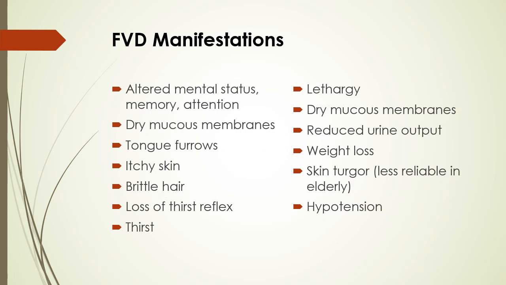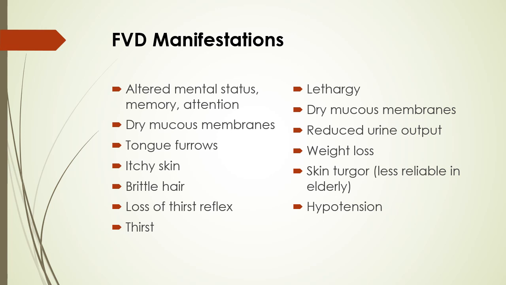These are the manifestations of a fluid volume deficit. Altered mental status, dry mucous membranes, tongue furrows, itchy skin, brittle hair, loss of thirst reflex, thirst itself, lethargy. Again, that goes back to that change in mental status. Dry mucous membranes, reduced urine output.